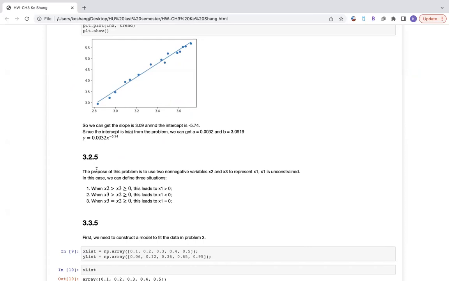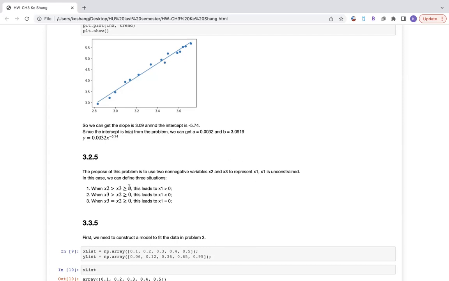It shows the following substitutions using non-negative variables x2 and x3 to permit x1 to be unconstrained. So x1 is equal to x2 minus x3.